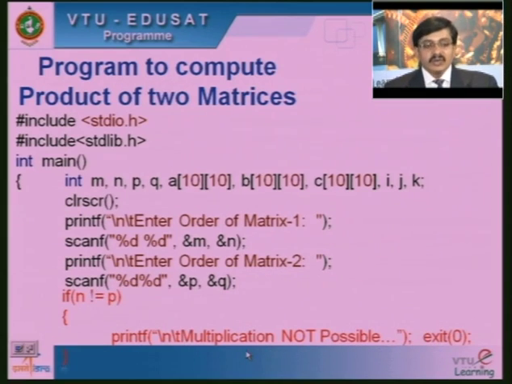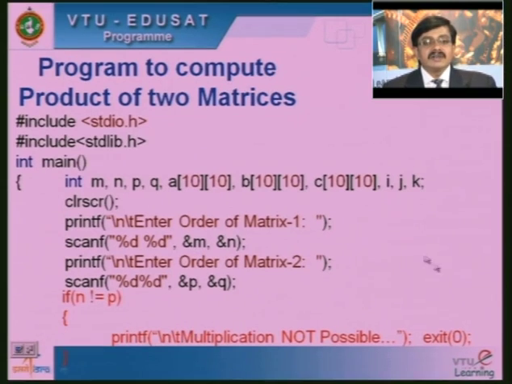Now, here we have no need of an else part, because if this condition fails, I will directly go on to the normal execution of computing the multiplication of two matrices. If the condition succeeds, that is, incompatible orders of the matrices were read, then obviously we display an appropriate message and terminate the execution; it is not mandatory to have a corresponding else statement.